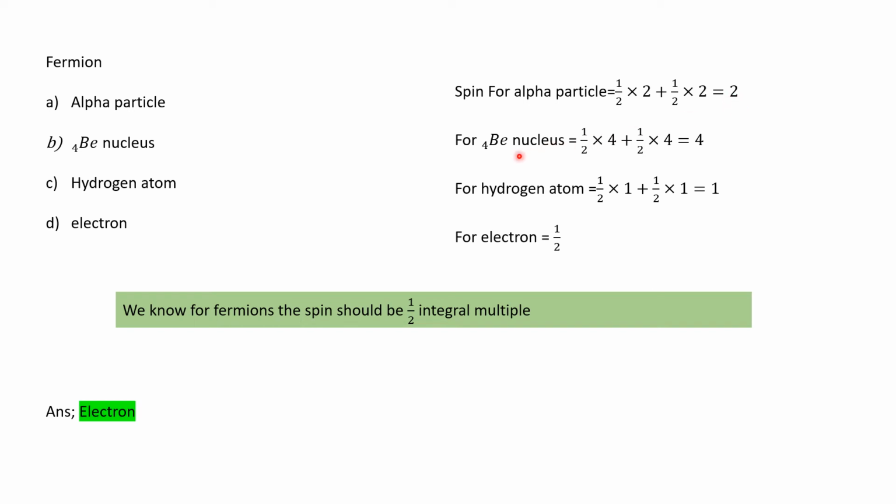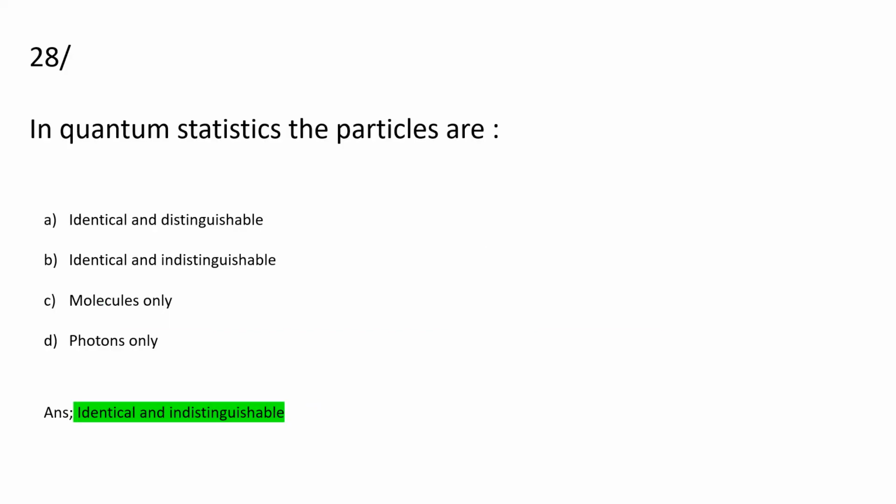For beryllium, that is half into 4 plus half into 4, that is 4. And for hydrogen atom it would be half into 1 plus half into 1, that is 1. And for electron we know that it would be half. So by comparing all these values, we can find that for electron it is a half integral multiple. So the answer will be electron, and electron is the fermion.